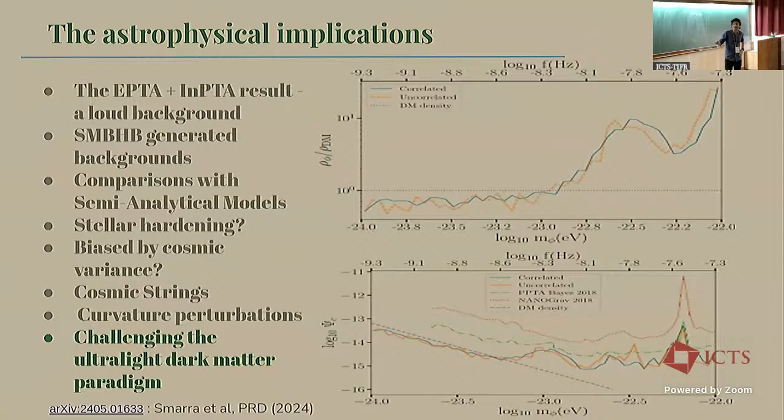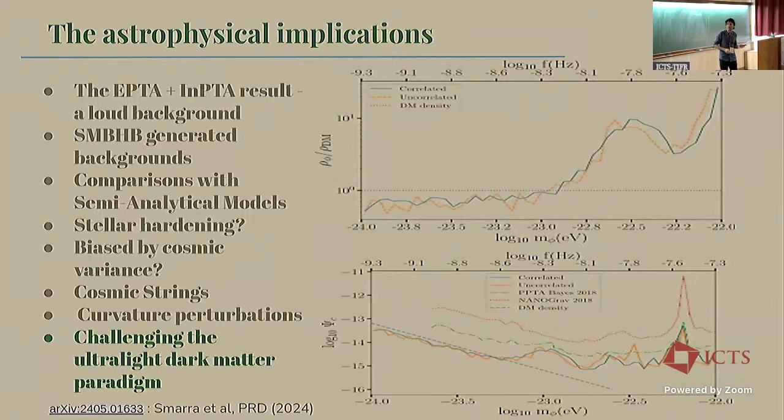And that led to the EPTA paper, which was internally called paper 6, but it appeared separately in a different journal because we realized the target audience might be very different from the one reading the rest of the papers. And that's where you will find this result. There is a letter which follows up on this and reworks the paper a little bit, again by Clément Smarra and others.